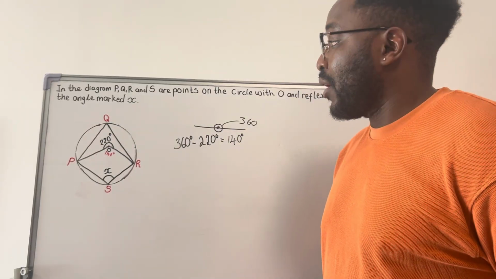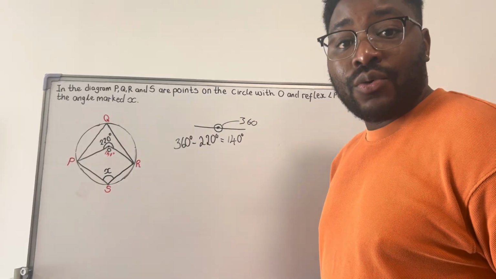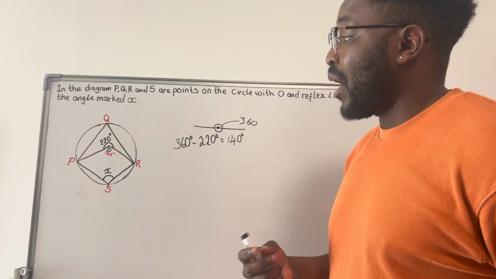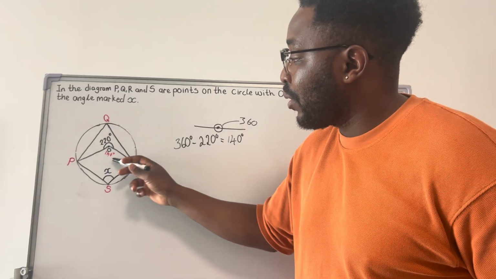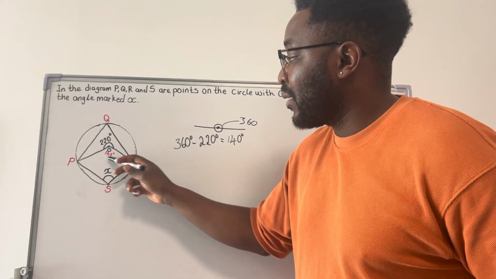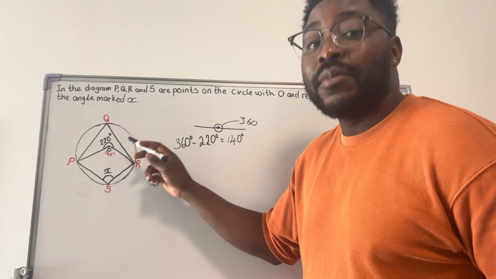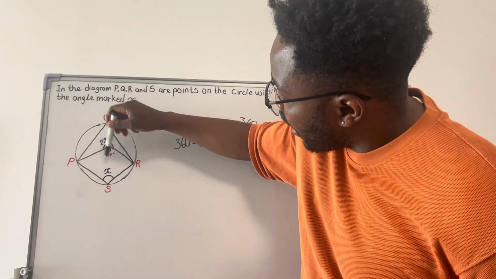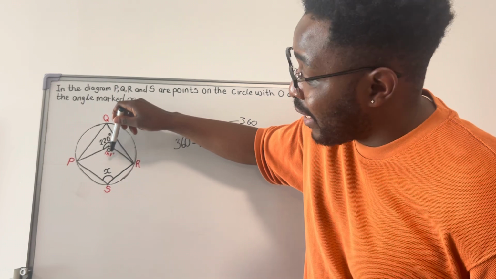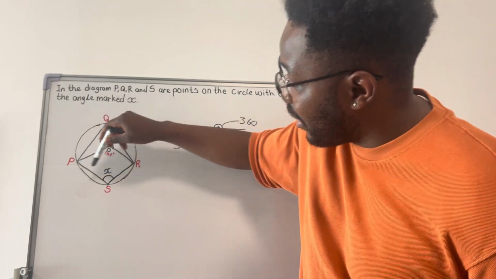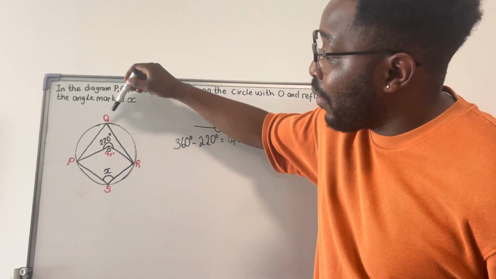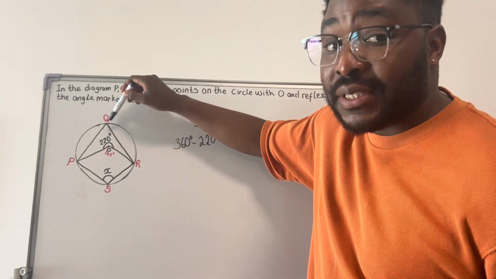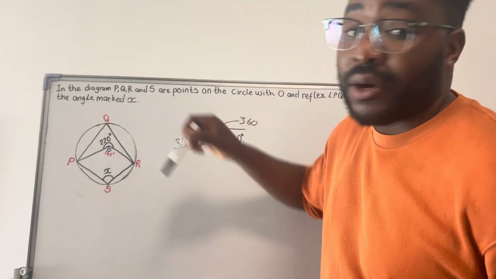So for us to find angle Q, we have to divide our smaller angle at the center by 2, because our smaller angle here is standing on the arc PR, and our angle Q at the circumference is also standing on the same arc PR. Are we together?